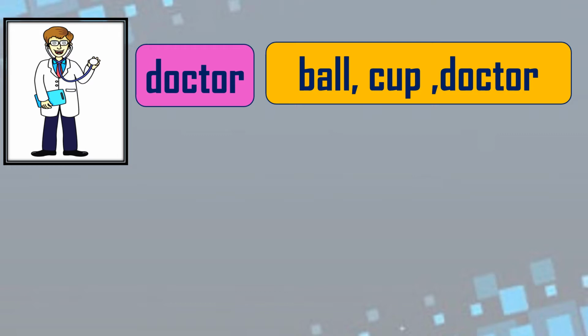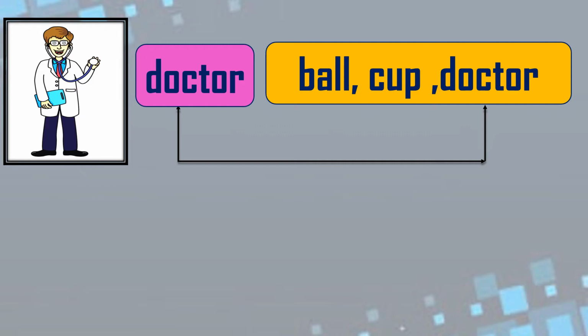Okay, you look at those words. And now what we are going to do, that we are going to join the same word which is given in pink box. Find out the same word in yellow box. Got it? So now we will join it with a line. See, same word.